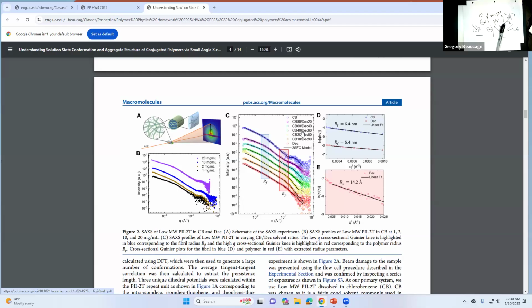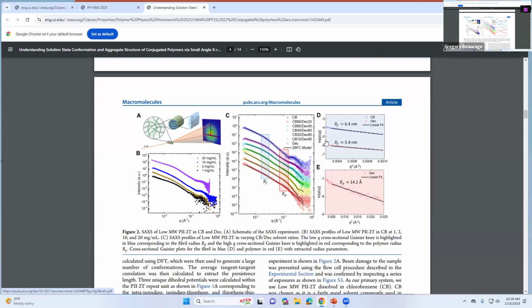He says it's a rod, so he multiplies I by q to get rid of that rod scaling function. And that should make it better, I guess. Anyway, that's what he does, right?